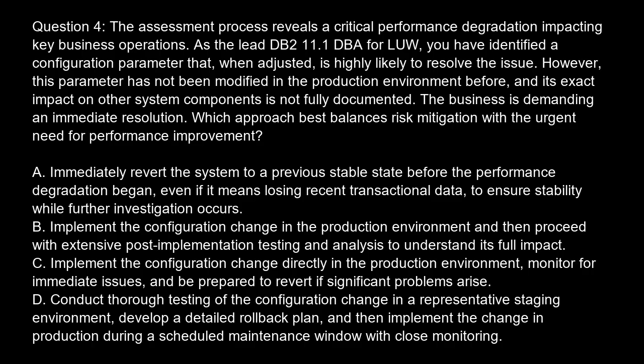Option C. Implement the configuration change directly in the production environment, monitor for immediate issues, and be prepared to revert if significant problems arise. Option D. Conduct thorough testing of the configuration change in a representative staging environment, develop a detailed rollback plan, and then implement the change in production during a scheduled maintenance window with close monitoring.